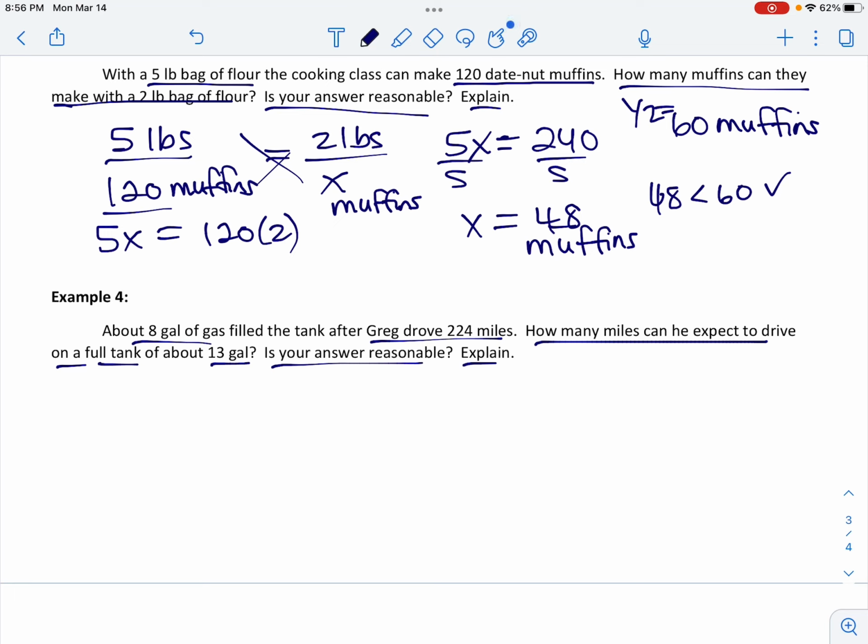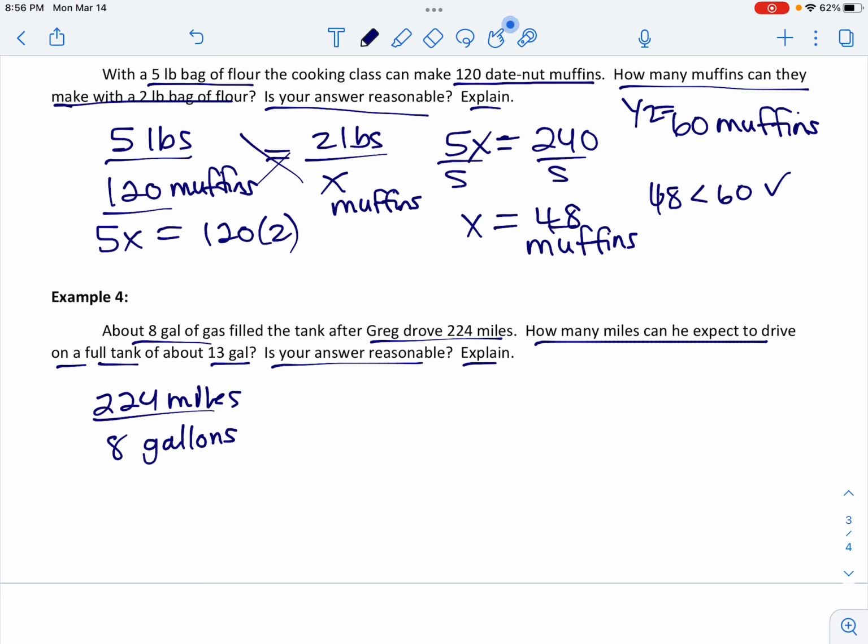So on this one, I'm going to think about it a little differently because I always think of miles per gallon instead of gallons per mile. And so I'm going to put my 224 miles on top because we're talking about 224 miles per 8 gallons. And that just makes sense to me because we're kind of trying to make sense out of these things.